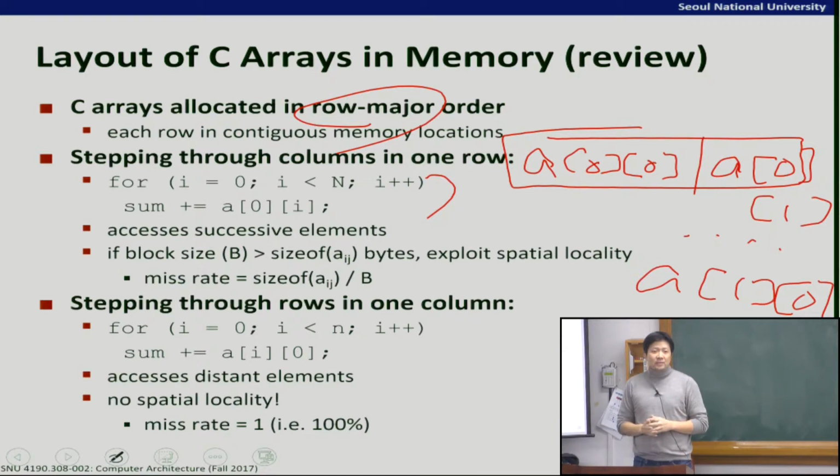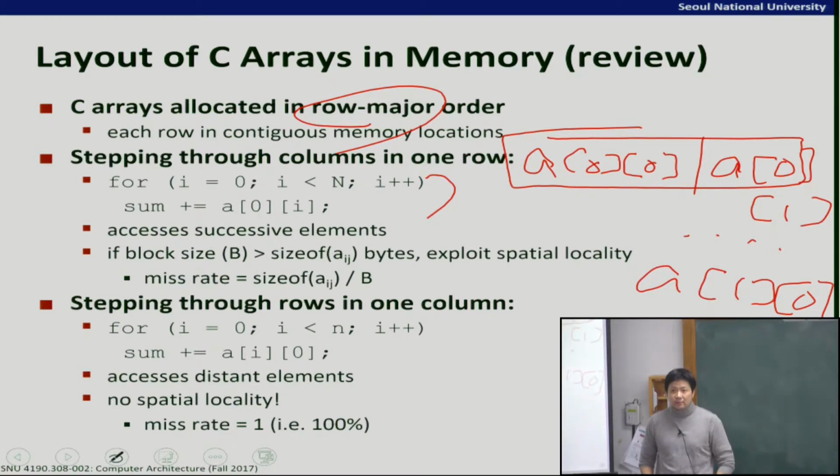So what will be the steady state behavior? What will be the cache miss rate? It's 25%, right? That's the cache miss rate for that specific access. If you generalize the pattern, the miss rate in this access pattern will be the size of the array element divided by B, where B is the block size.